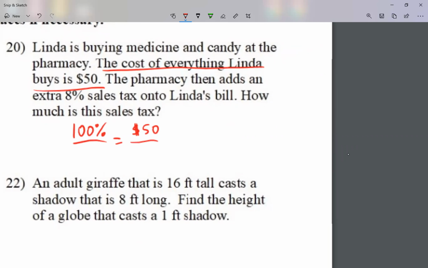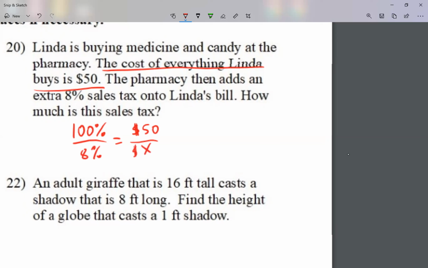Now we know that 8% is going to be added for sales tax. The question here is how much is this sales tax? One thing that's very important: if I just want to know how much is the sales tax, I'm going to say 8% is equal to X dollars.